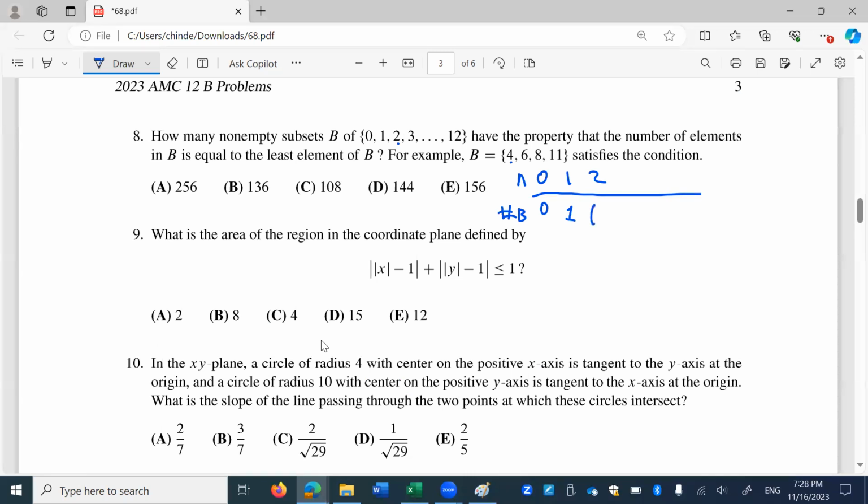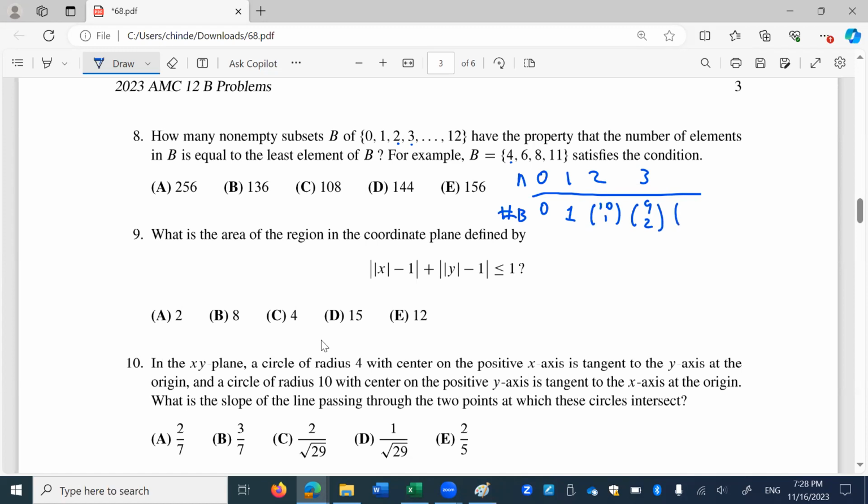So 2 is definitely an element, and then for the other element there's 10 choices, and I'm choosing one of them. If 3 is the smallest element, then now there's 9 other numbers bigger than 3, and I have to choose 2 of them. And so it looks like this pattern is going to continue.